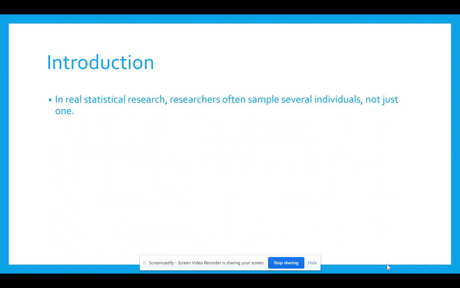Typically, when you're doing real world statistical research, we often sample several individuals, not just one. Up to this point, we've been considering what happens if we select one individual or one subject. But that's very impractical when you're doing true statistical research.